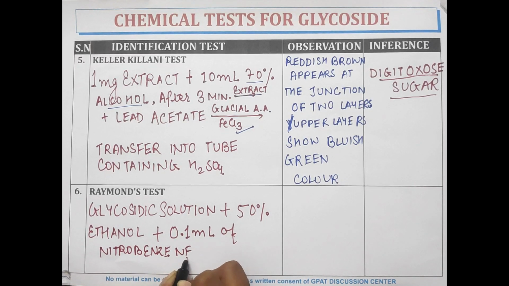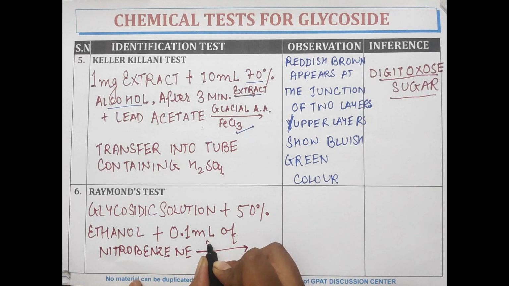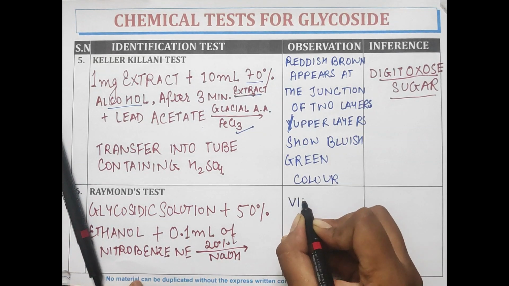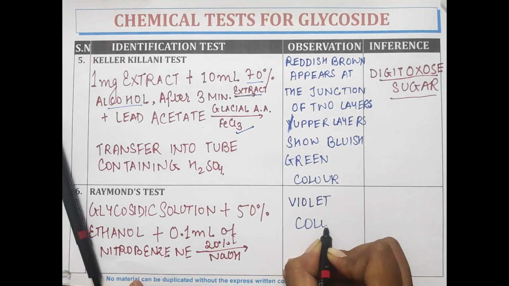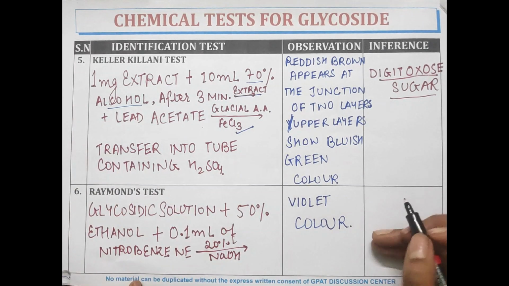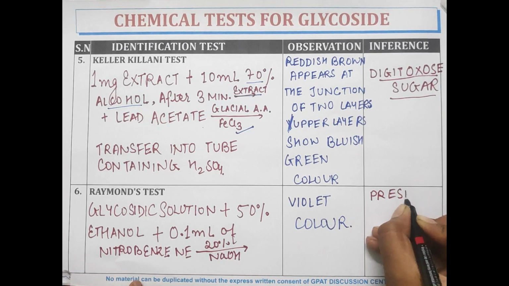After mixing, 20% NaOH solution is added, which gives violet color. This Raymond test indicates presence of cardiac glycoside.